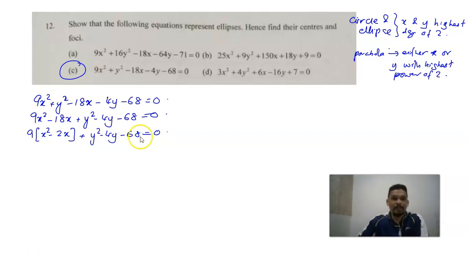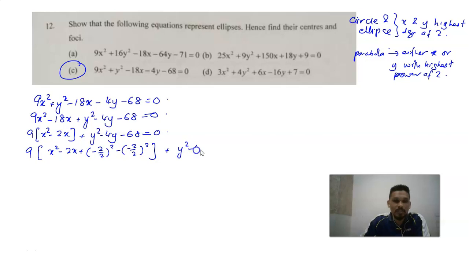Then we begin the process of completing the square, where x squared minus 2x plus negative 2 over 2 squared, minus negative 2 over 2 squared, plus y squared minus 4y plus negative 4 over 2 squared, minus negative 4 over 2 squared, minus 68 equal to 0.